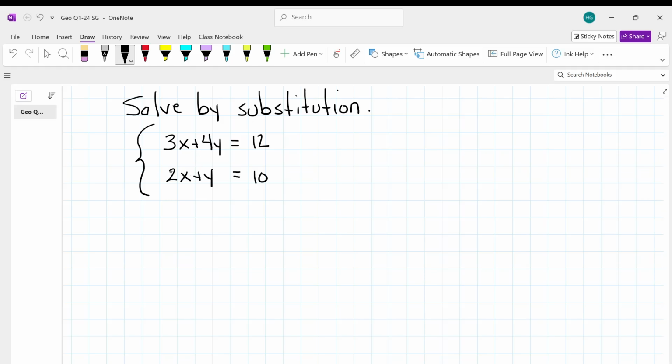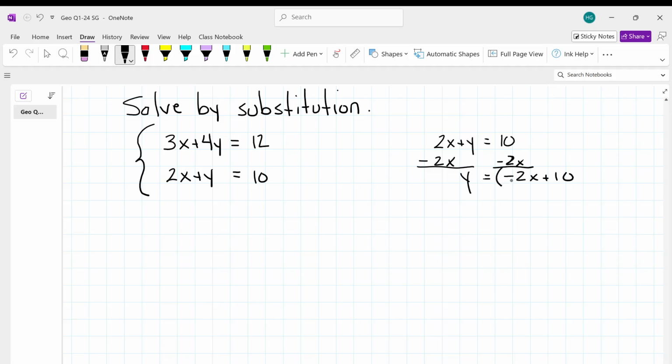In this bottom equation, there's a y sitting by itself, so the easiest thing to do would be to solve for y. If we take 2x plus y is equal to 10 and subtract 2x from each side, then we get y is equal to negative 2x plus 10.